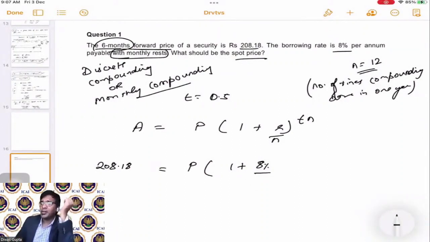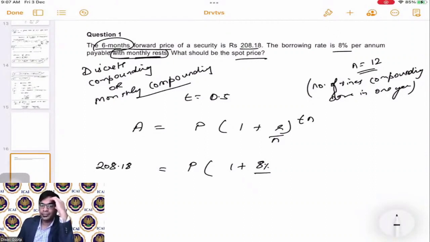Okay, Naveen. So Naveen is asking, thanks Jitendra for the answer. Your answer is correct. Naveen is asking in sum how to identify continuous or discrete. Now, Naveen, in this, the way this question is drafted, it says monthly rest. So that means we will assume it to be discrete.